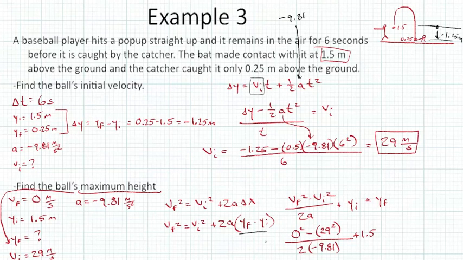That gives us our yf, which we calculated out to be 44.4 meters. This is the actual position that the ball reaches at the peak of its trajectory. Not 44 meters above 1.5, but it actually gets to 44.4 meters total. There you go. That's example number 3.